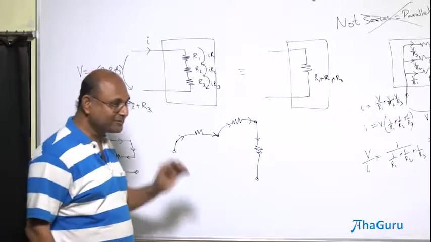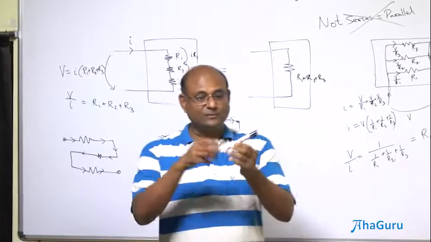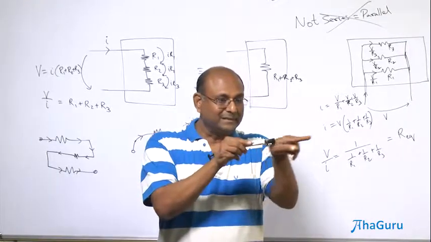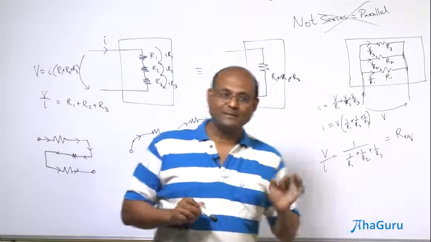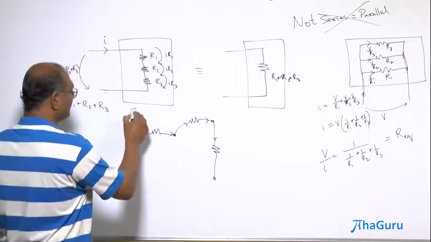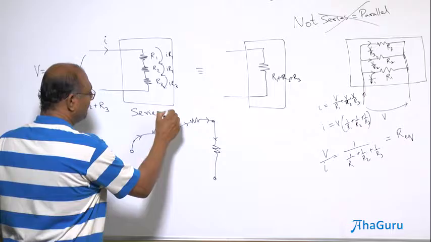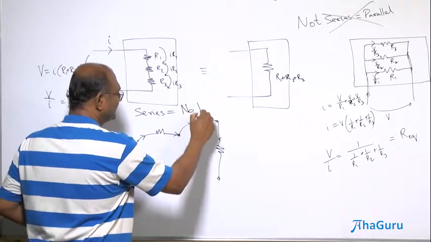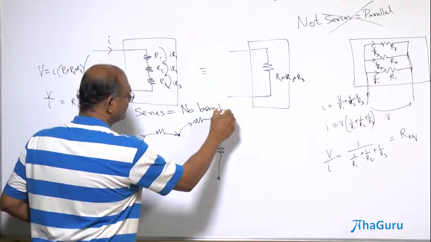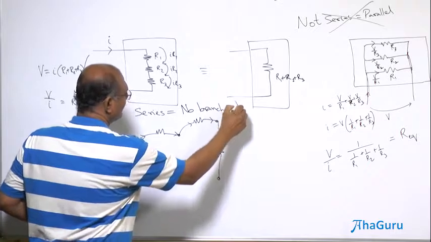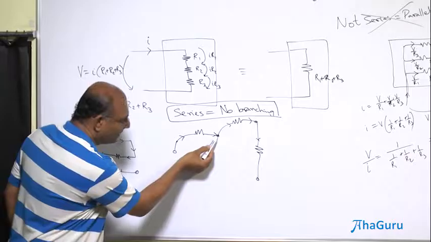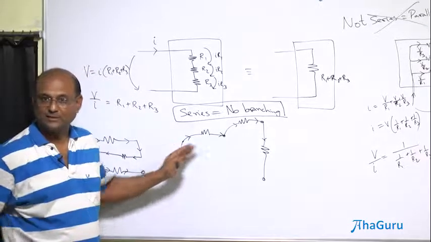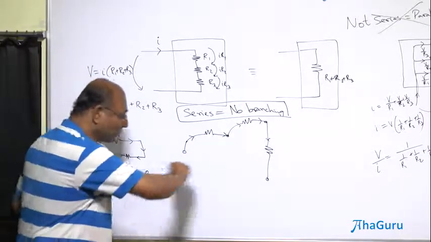So what is the definition of series? The definition of series is what enters must exit without branching. Series means no branching, which means the current is not distributed. If this fellow branched out like that, oops, this is not series. It doesn't have to look like it's in a straight line.